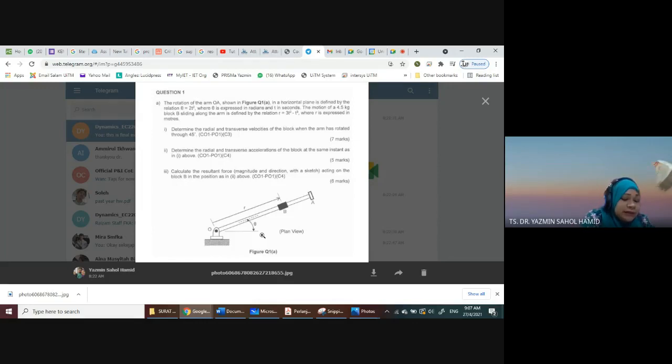You can see that the location of point B extends outwards from the origin O, right? And you can see that the theta coordinate is a counterclockwise angle from a fixed reference point. So when you see this question, you say, oh, this is radial and transverse. Anyway, in the question, they already told you, determine the radial and transverse.